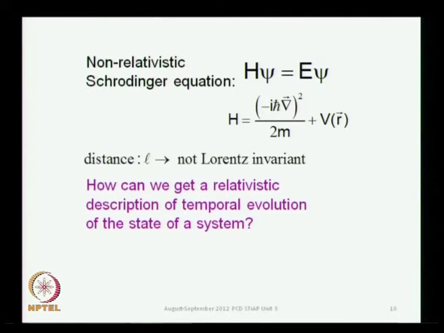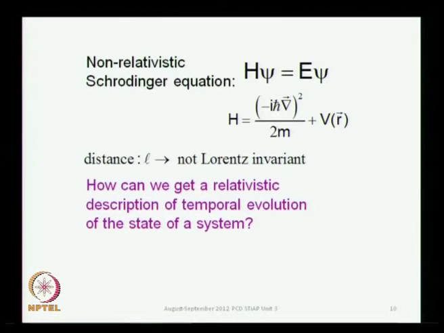and then we should therefore ask that the Schrodinger equation, since it cannot be Lorentz invariant, how do we get a relativistic equation which is consistent with the Lorentz transformations, which reconciles with the fact that the speed of light is finite.